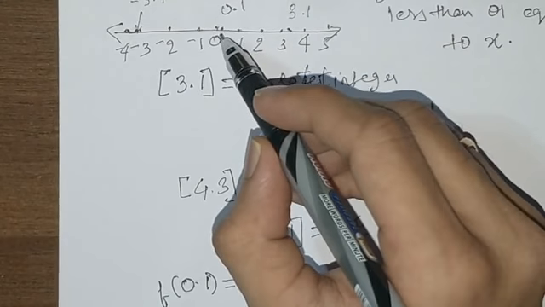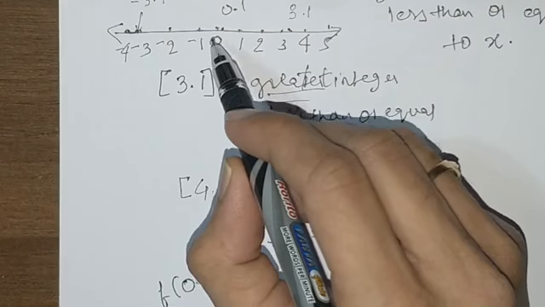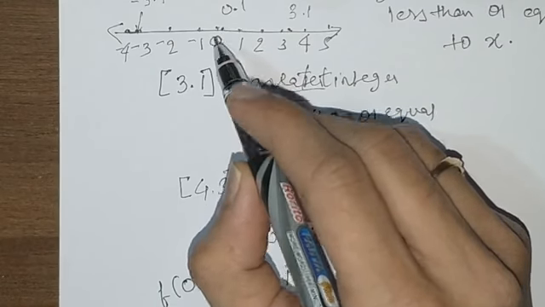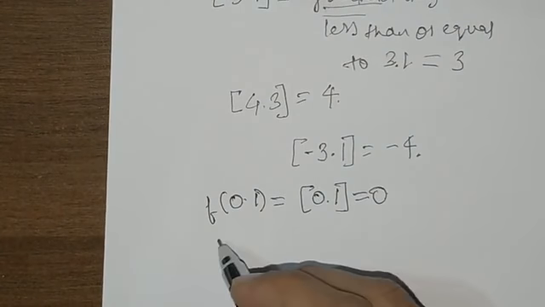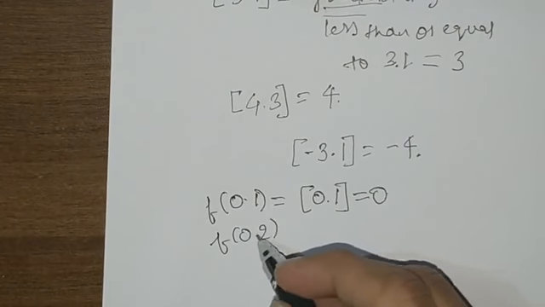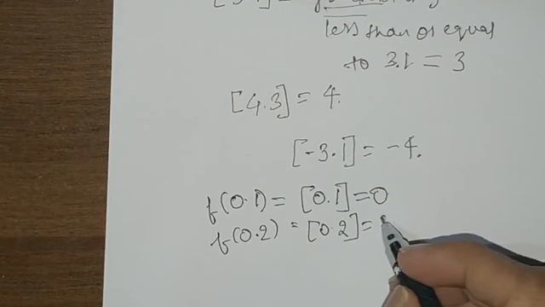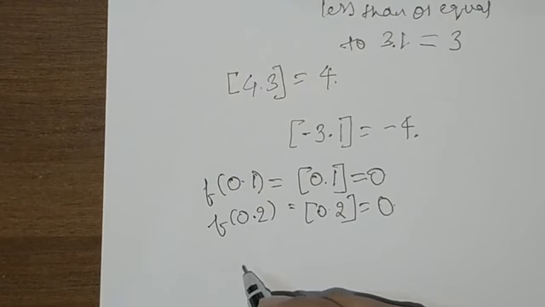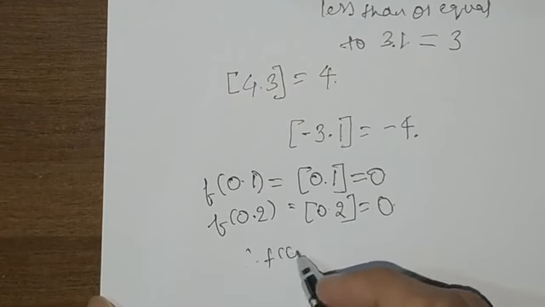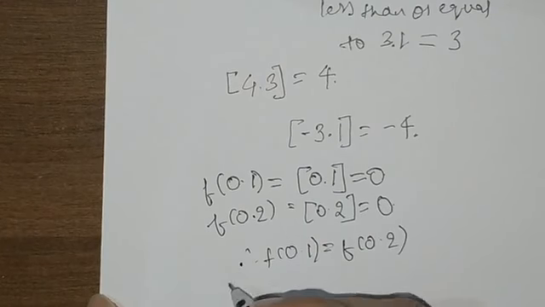The greatest integer less than or equal to 0.1 is 0, right? And what about f of 0.2? It will be the greatest integer of 0.2, which is 0 again. So now f of 0.1 is equal to f of 0.2.